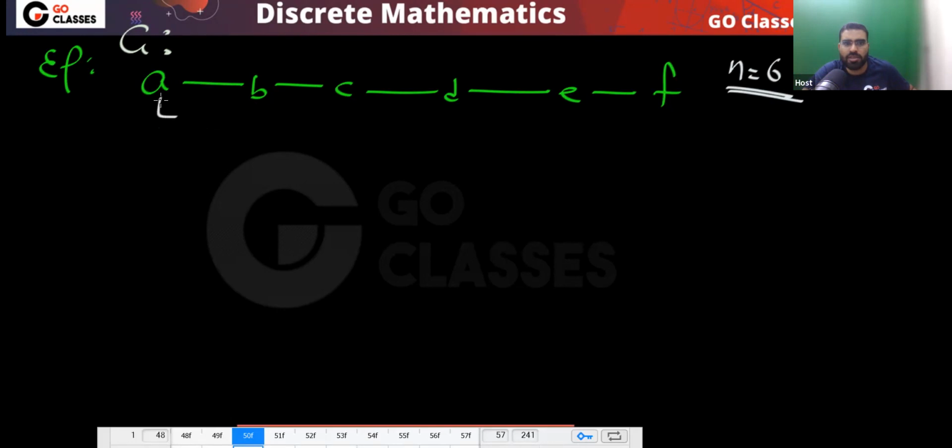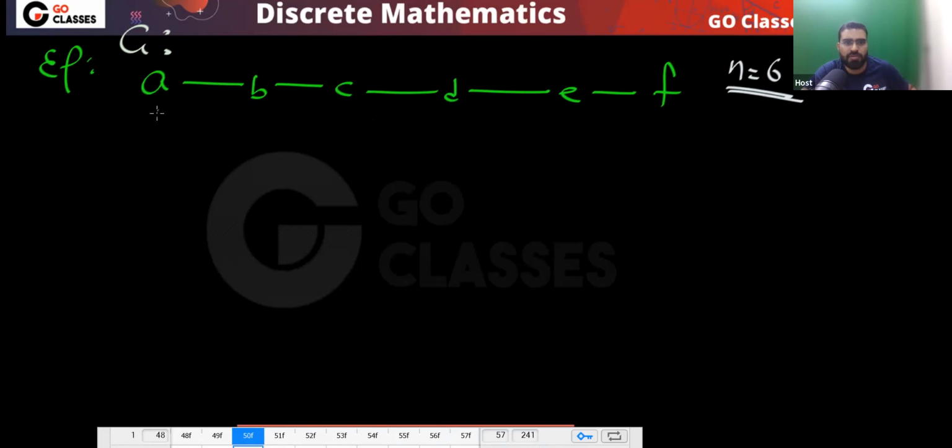Between A comma C, do we have a walk of length 5? You can try: one, 2, 3, 4. So between A comma C, there is no walk of length 5.